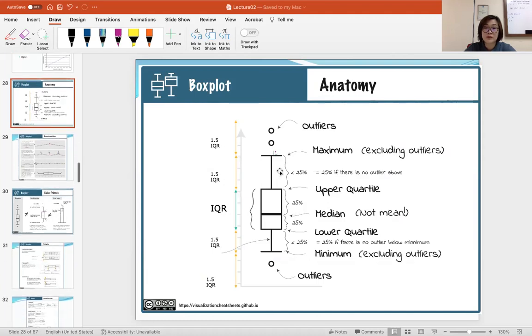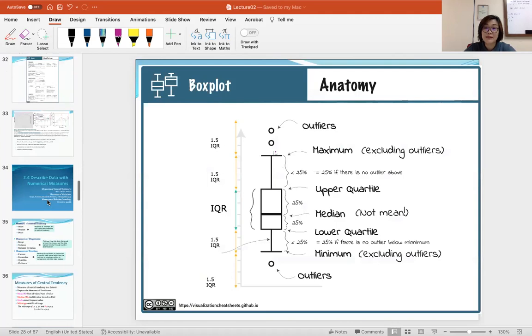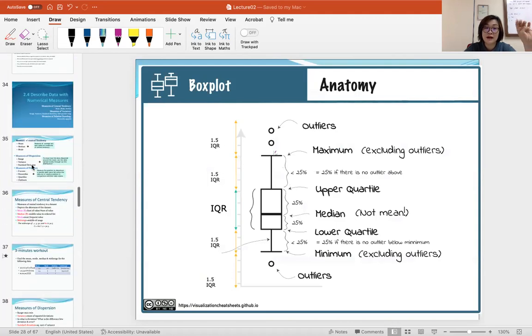So basically, we divide the data: from the maximum to the upper quartile is 25%, upper quartile to the median 25%, median to the lower quartile 25%, lower quartile to the minimum 25%. Basically, we divide them into 4 parts. So that is quartile.